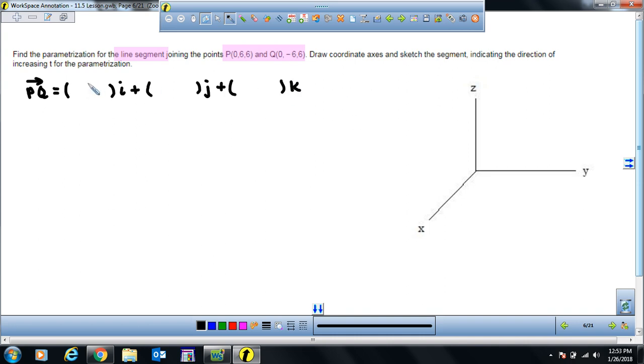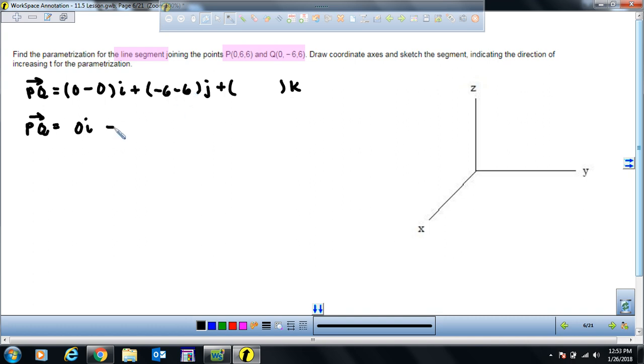So from P to Q, we're going to do Q minus P. So it would be 0 minus 0, that would be 0i. Then negative 6 minus 6, which is going to be minus 12j. And the last one is 6 minus 6, which is going to be plus 0k. So this is a vector that goes from P to Q.